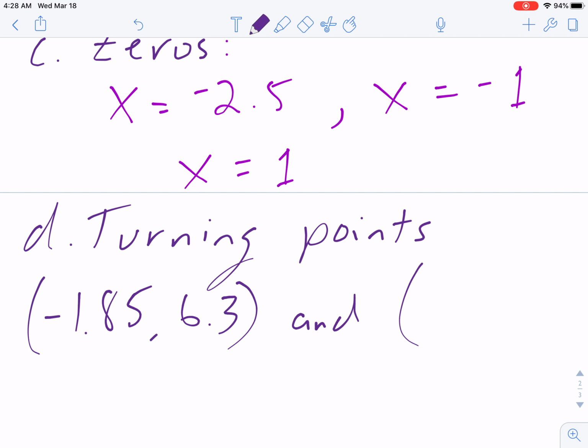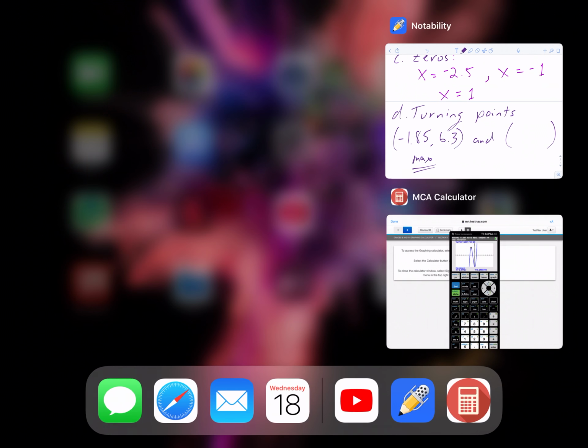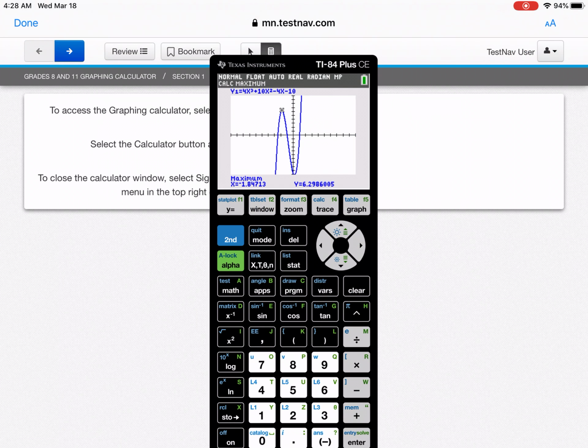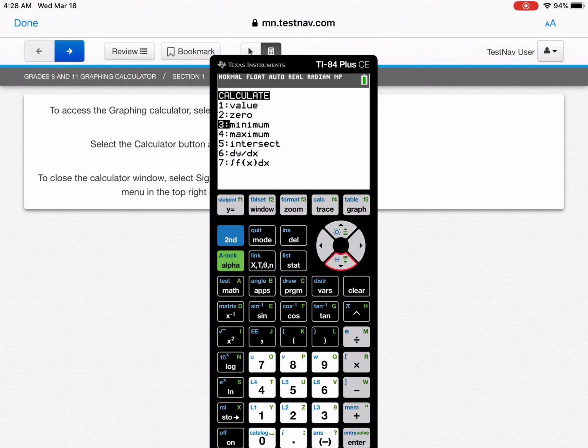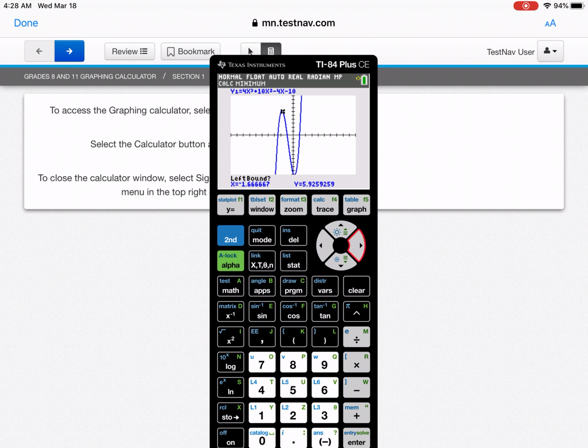And this one had one more, and that was your max. That's what we called it in the previous section, but now we're just going to call it turning points. We have one more to find. This other one is a min, so we push second trace, go down to min. Left bound is right about there.